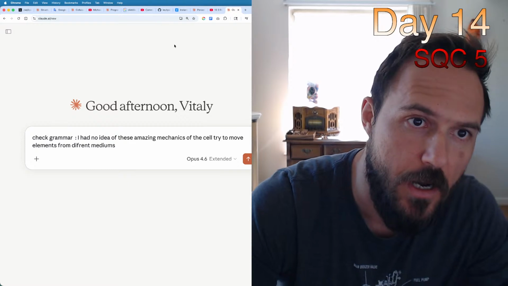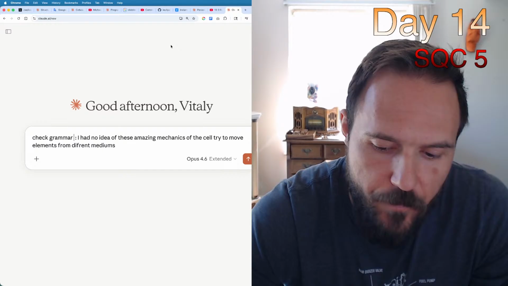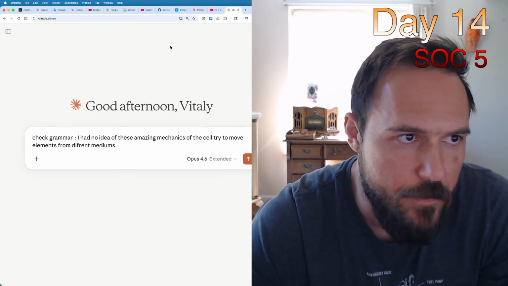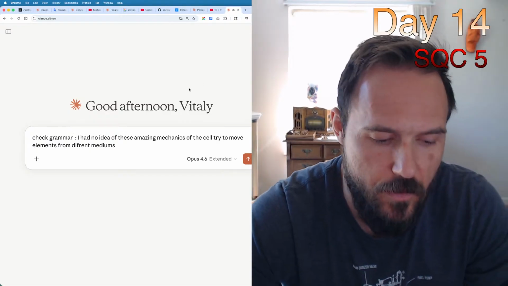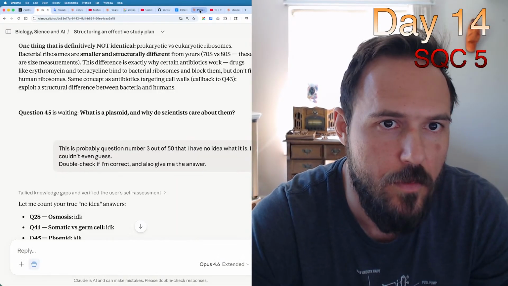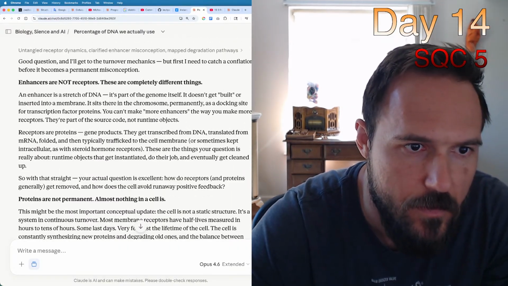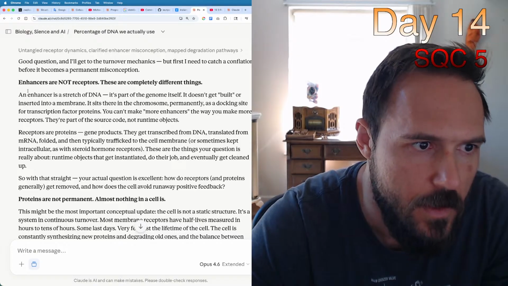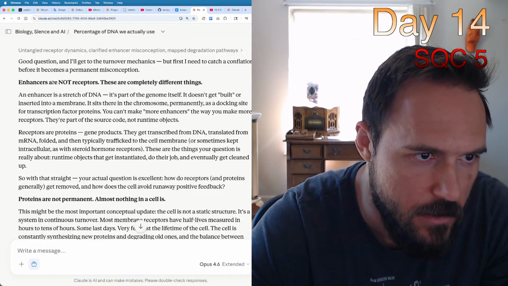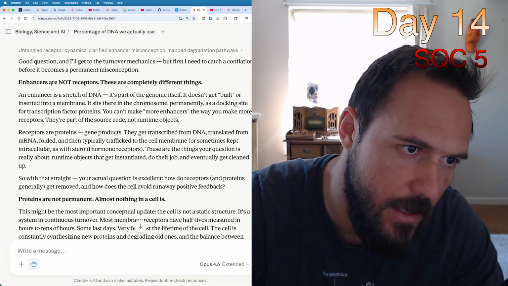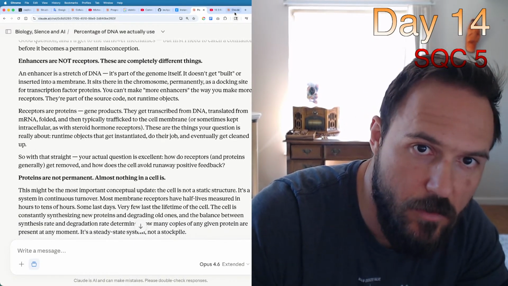I'm talking about how the cell, in microbiology, is actually creating protein receptors from enhancers. So it's reading enhancer instructions from DNA, then creating protein receptors, then transporting them to the cell membrane.